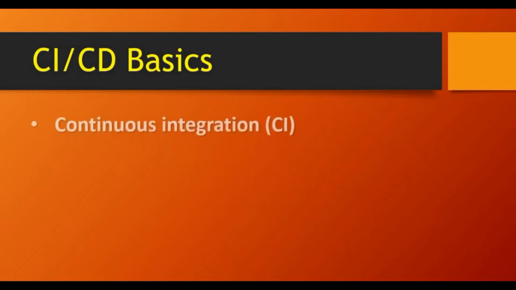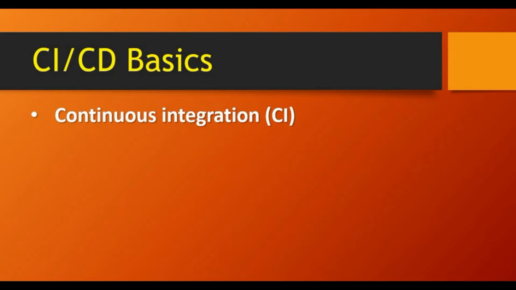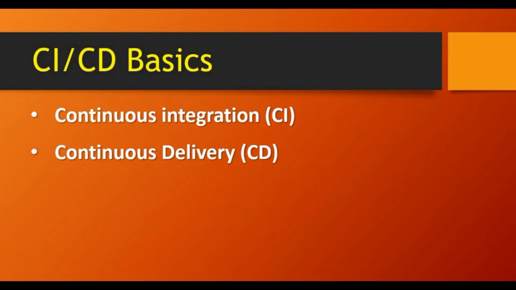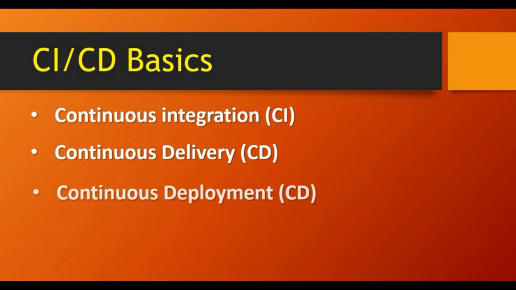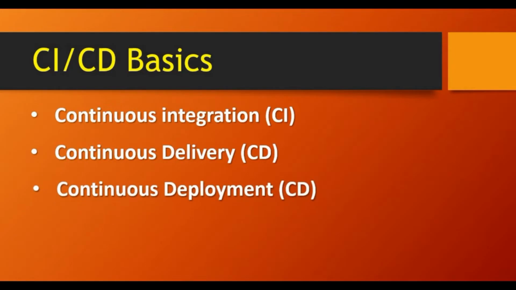To start with CI/CD, if you don't know, CI stands for continuous integration, whereas CD stands for continuous delivery, and there is one more CD which is called continuous deployment. We have to understand all these terminologies to know more about the CI/CD process that we will do in GitLab.